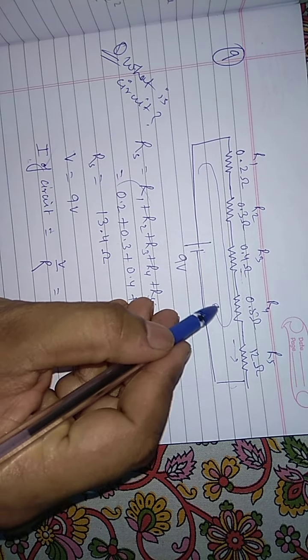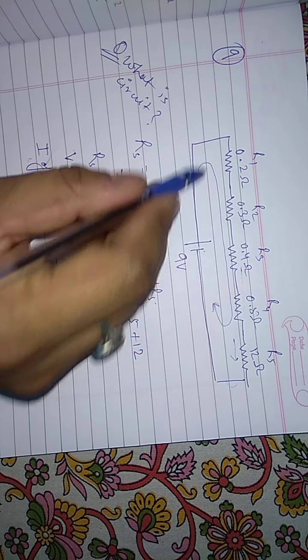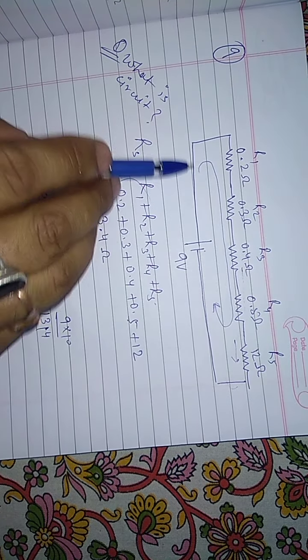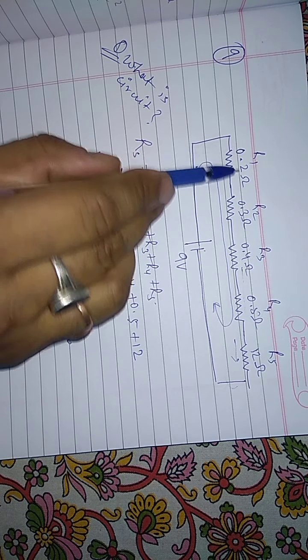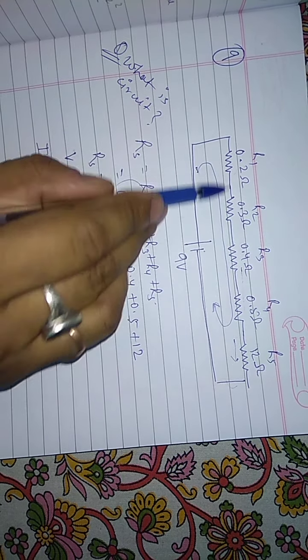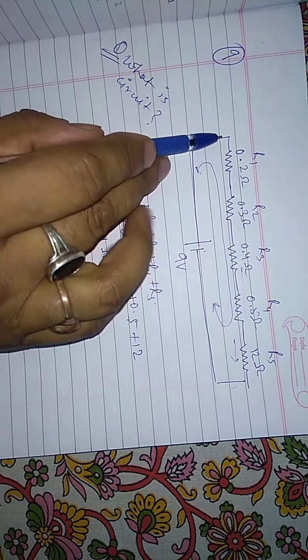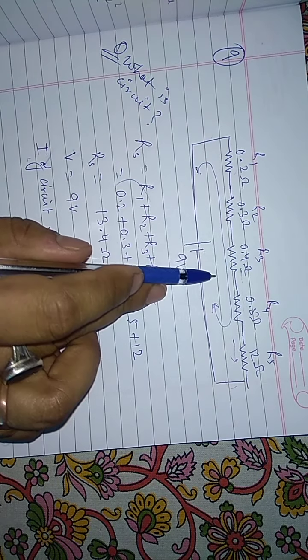Do we have any other path for the current to flow? No, we have only one path. The current will flow from this resistance to this resistance, to this resistance, to this resistance, then to this resistance. So the value of current will be equal in all the resistances.